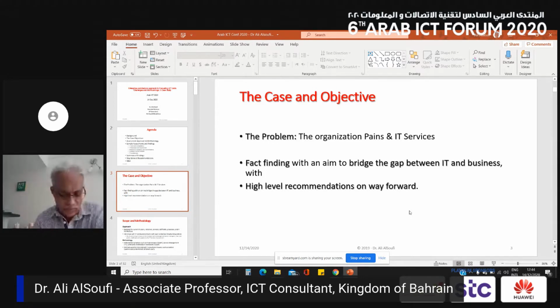So let me start with a case. One day I was called by a chairman of a big organization in Bahrain, and his problem was a typical problem. Many big organizations face this problem. There is a big gap between the business and the IT, and the IT is much slower.